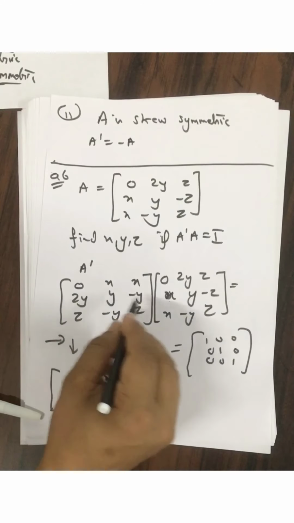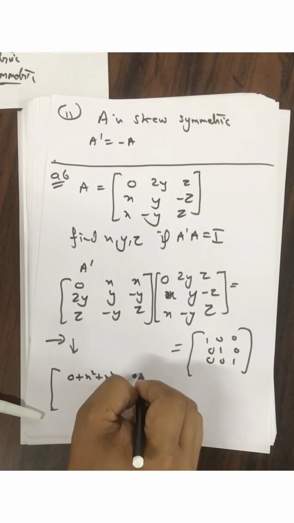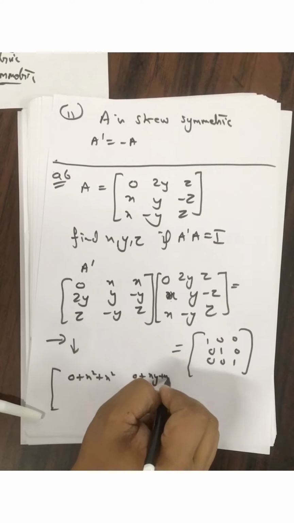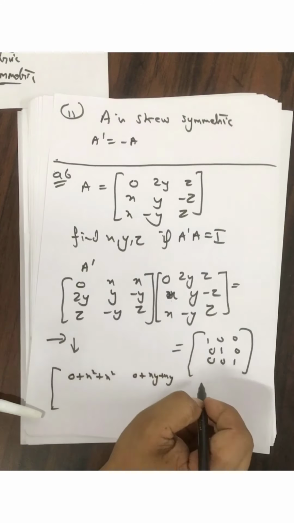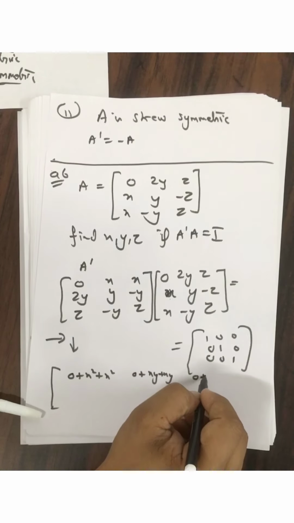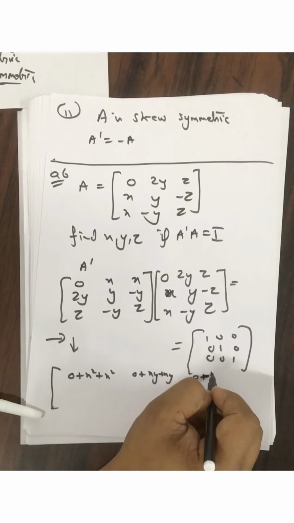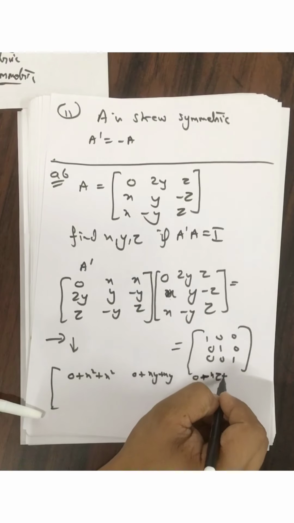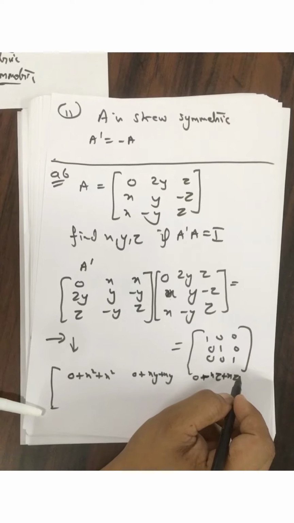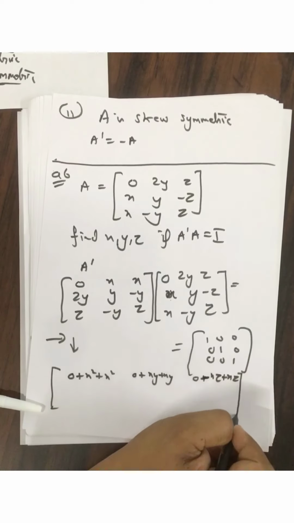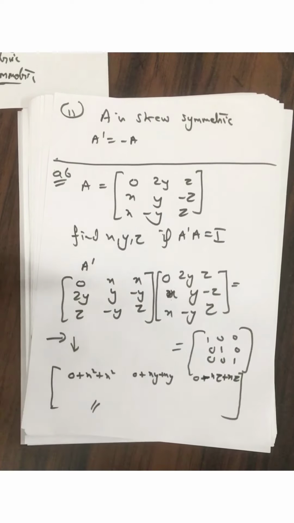Then this by this, it will be 0 plus xy plus xy. Then this into this will be 0 minus xz plus xz. Similarly, you do it. It's simple multiplication. Go ahead and solve. It's a simple problem.